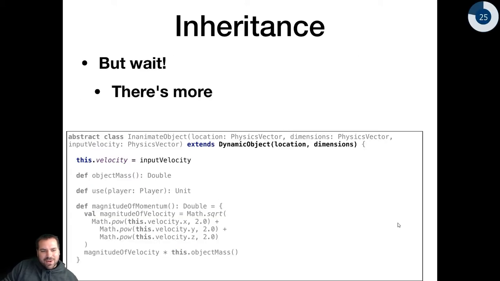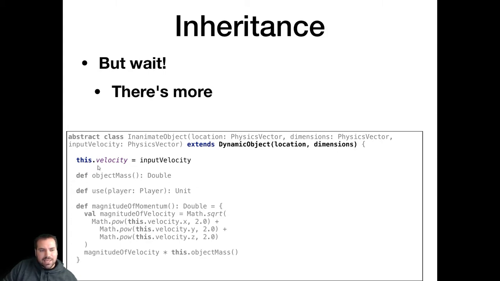But wait, there's more. I can also extend from the abstract class. I can extend another class. In this case, I can extend dynamic object from the physics engine homework. So I can have every inanimate object have all of the functionality of a dynamic object, call dynamic object's constructor, and dynamic object also has a velocity variable that's not initialized through its constructor.